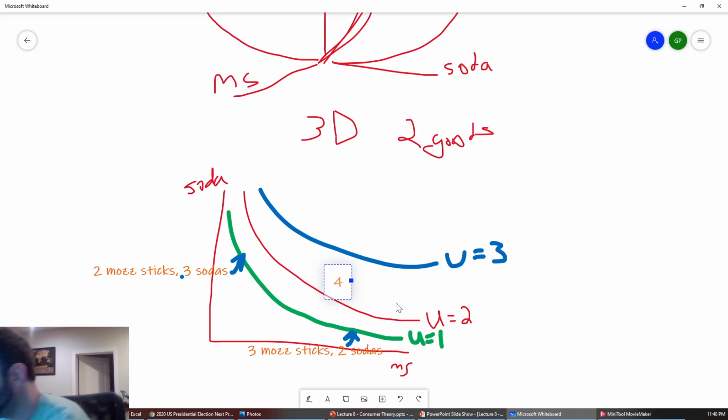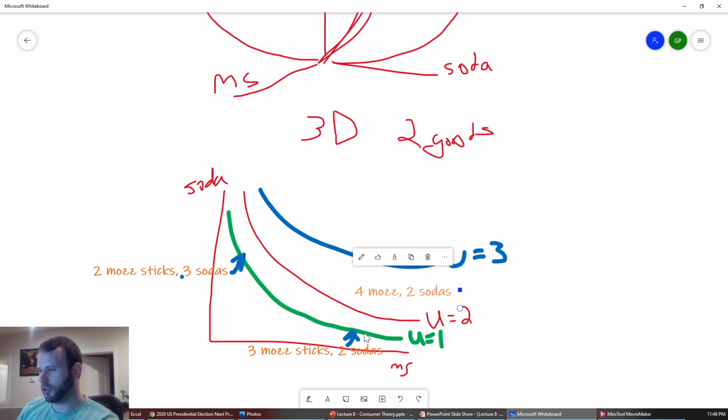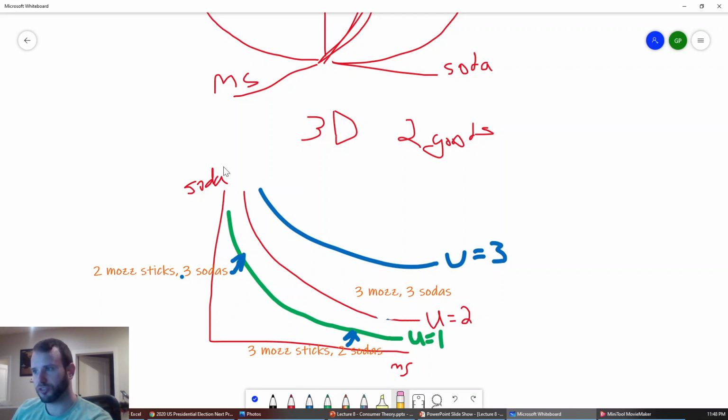You might also have 4 mod sticks, 2 sodas, and the extra mod stick gives you an extra unit of utility. So that might be on this line here. Actually, I want it the other way: 3 mod sticks, 3 sodas up here, because this is the amount of soda that you're drinking, so it should be directly above the other point.